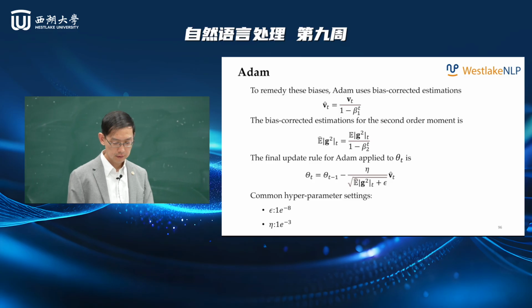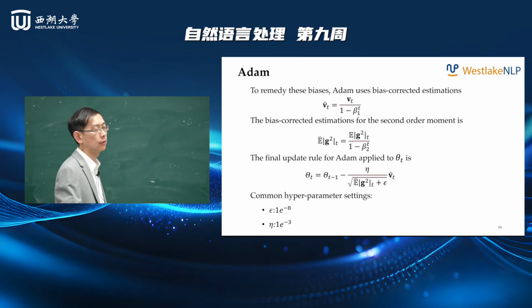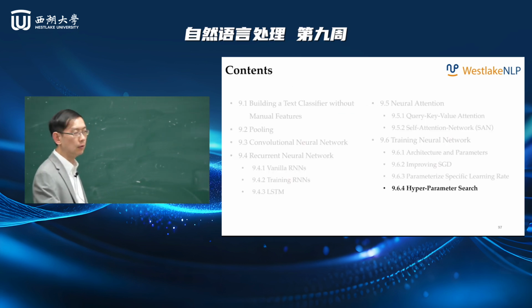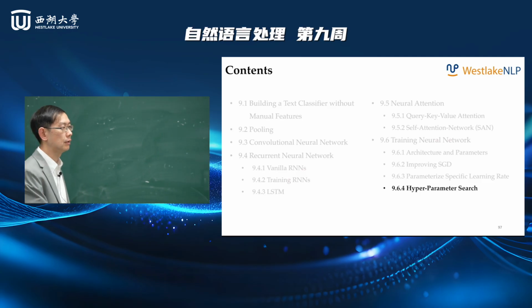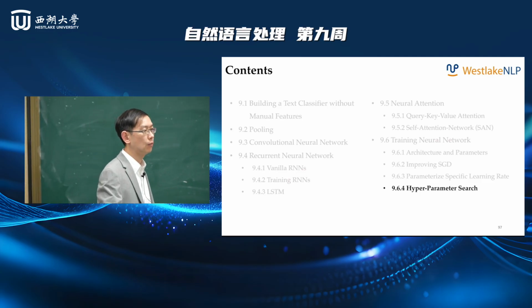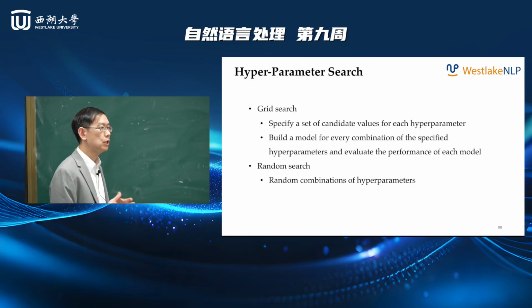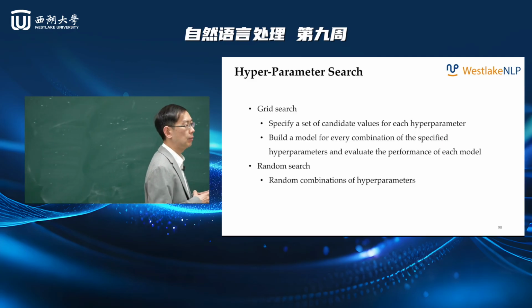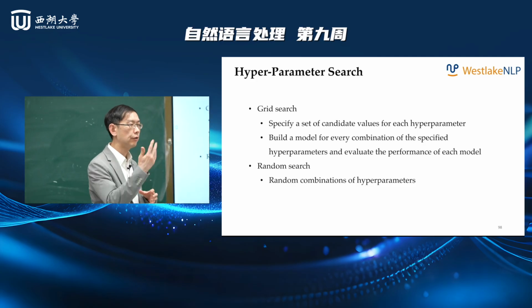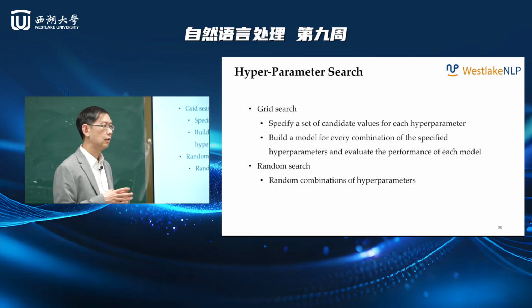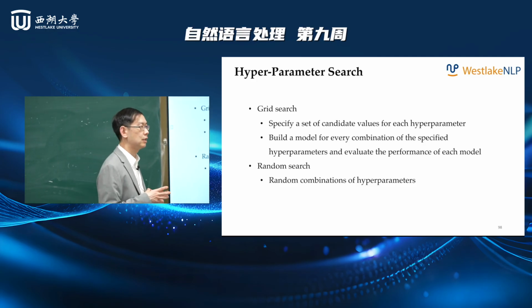Adam is used very frequently in model training nowadays. All right. But it's not the only way. For some other models, SGD with momentum works better. And with each training method, there are so many hyperparameters. How do I fix them? So there are 2 general strategies.